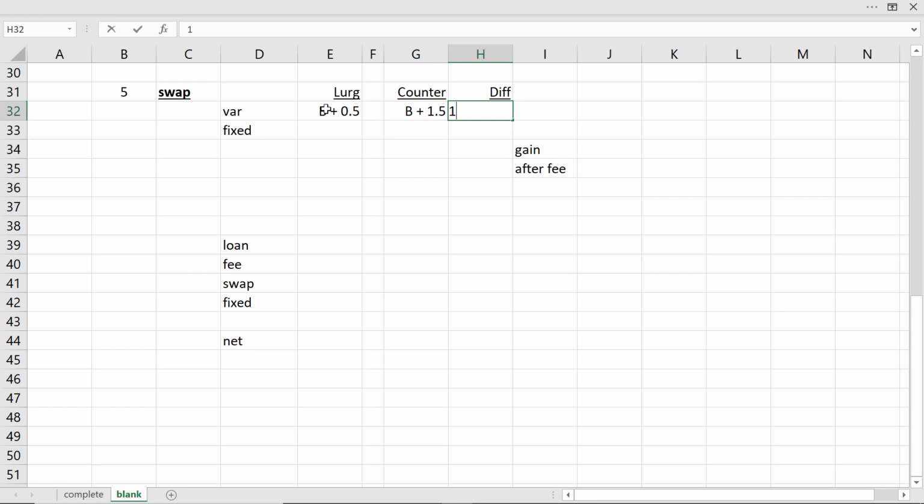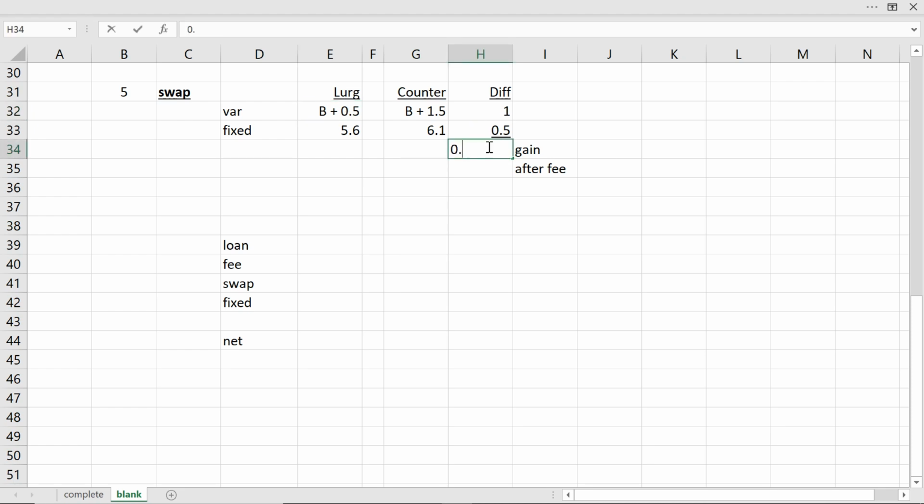So there's a difference of 1. So Lurgshall has got much cheaper access to variable rate finance. It also has cheaper access to fixed rate finance, but the difference isn't as much. It's only 0.5%. So Lurgshall has got access to that very cheap variable rate finance.